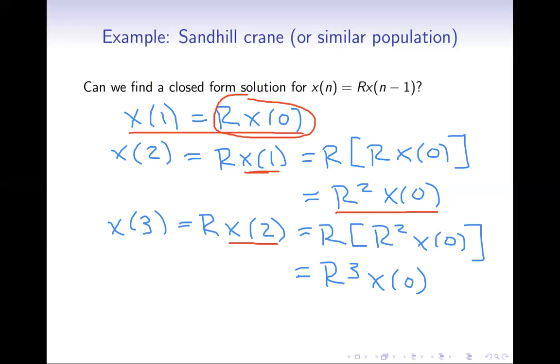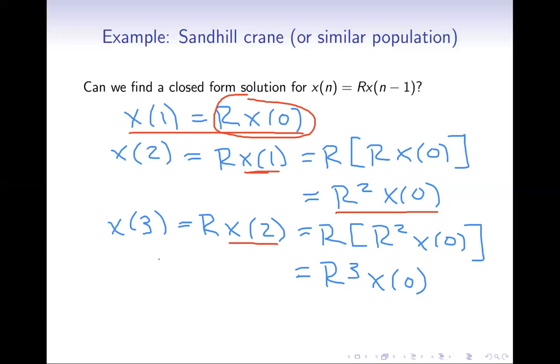So really what I've got so far is that x of 1 is capital R times x of 0. X of 2 is R squared times x of 0. X of 3 is R cubed times x of 0. And you might be starting to see a pattern that we can use to our benefit.